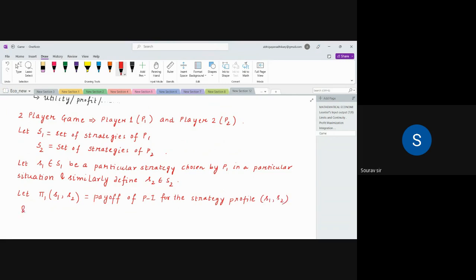And similarly, pi2 of s1, s2 is the payoff function of player 2 for the strategy profile s1, s2.